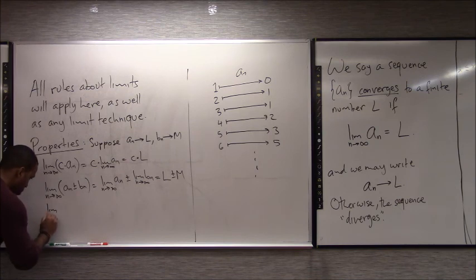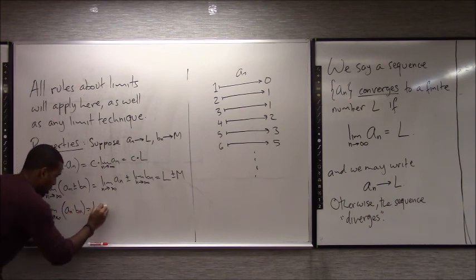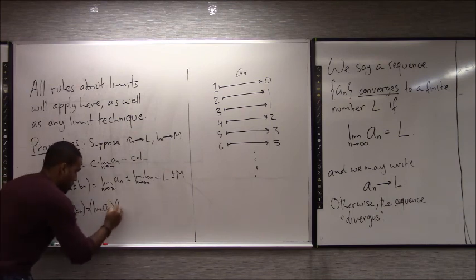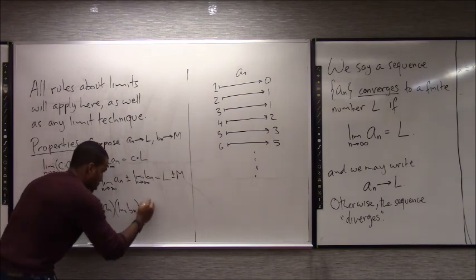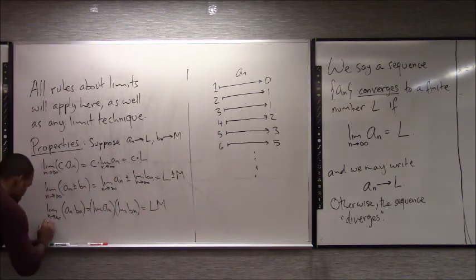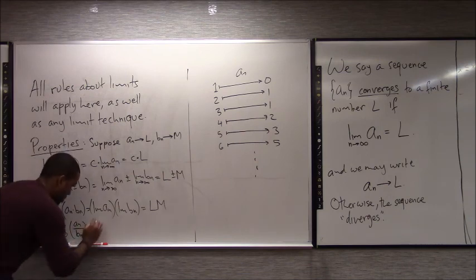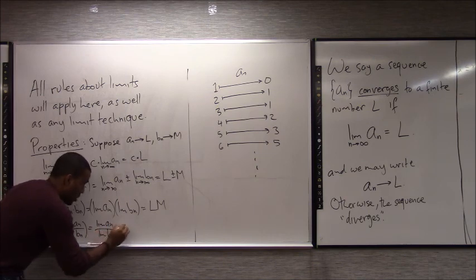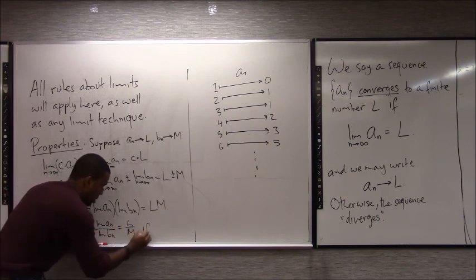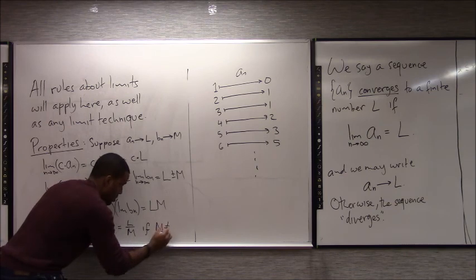Limits, they will distribute across multiplication and division, as long as you're not dividing by 0.